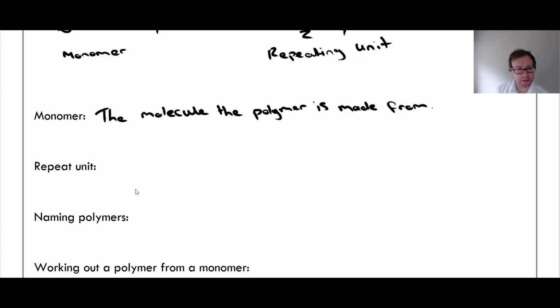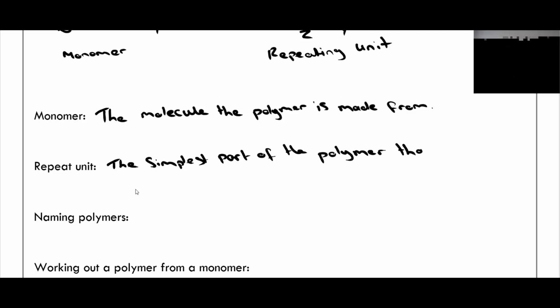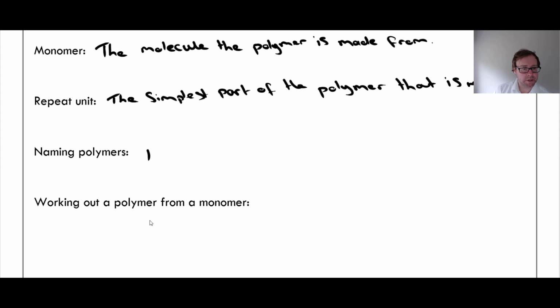The repeating unit, or the repeat unit, is the simplest part of the polymer that is repeated. Not too difficult to understand, really. If you're going to name a polymer, well, it's very easy. You put poly and then put the name of the monomer in brackets.